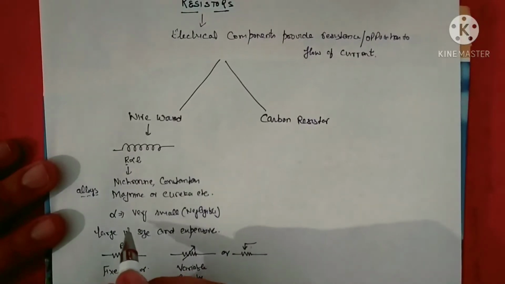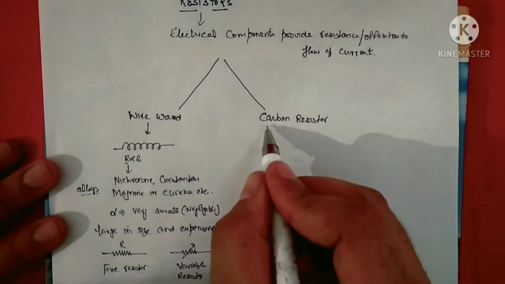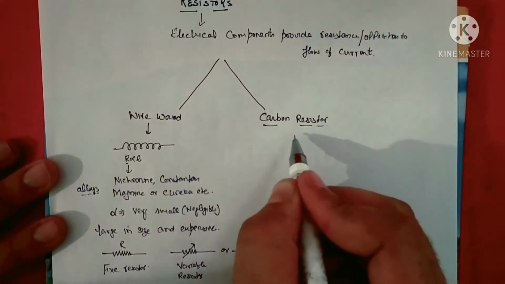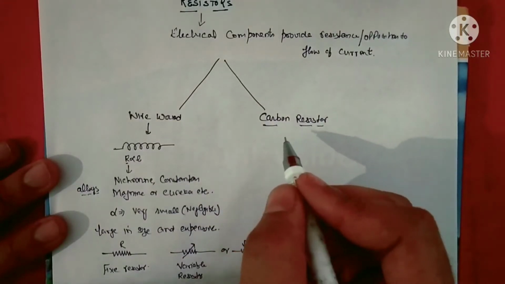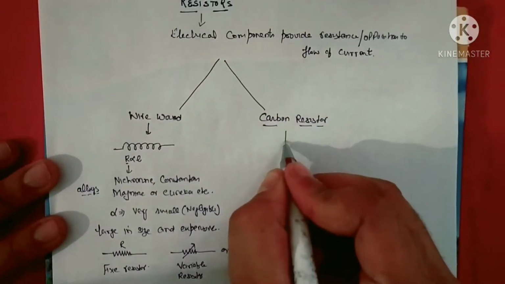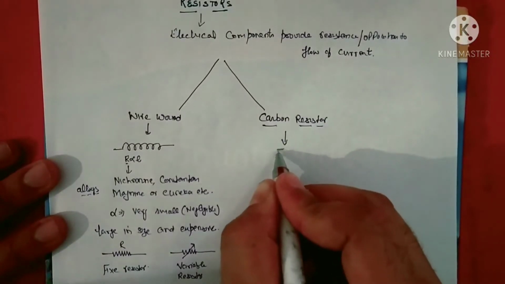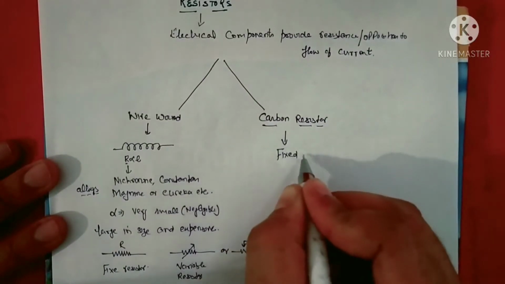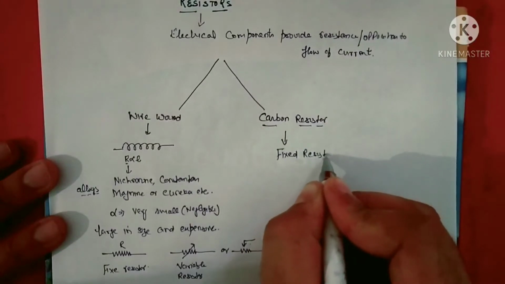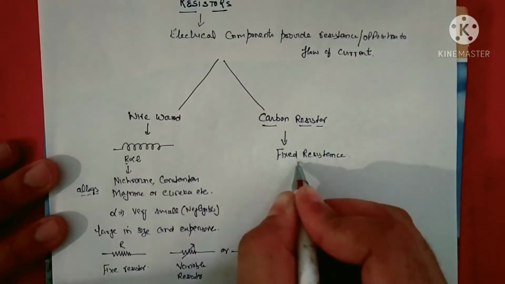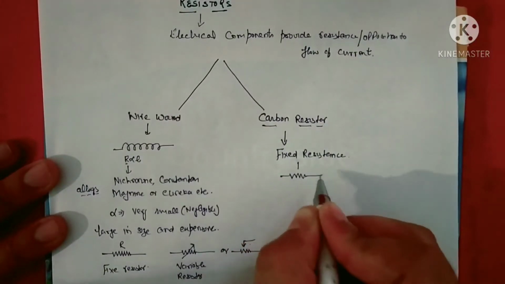So we have a second type of resistor, that is the carbon resistor. From the name it is clear that it is made of carbon, and it is of fixed resistance. They provide only fixed resistance, and the symbol is this.